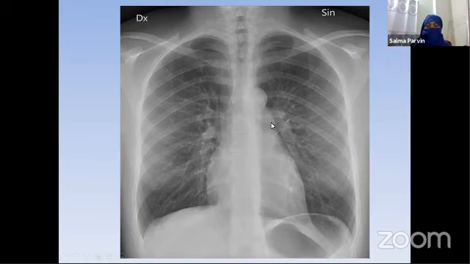About the zone division, you know that the upper zone, mid zone, and lower zones are divided by the lower borders of the second, fourth, and sixth ribs.